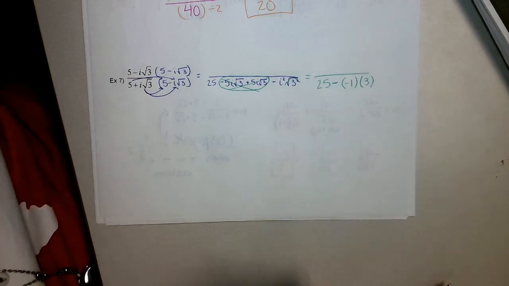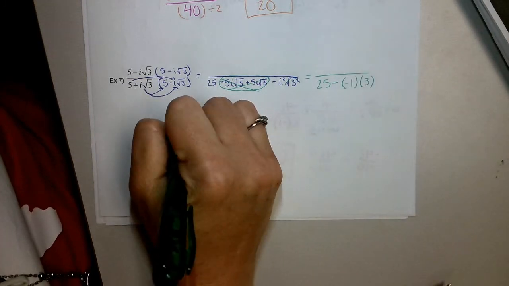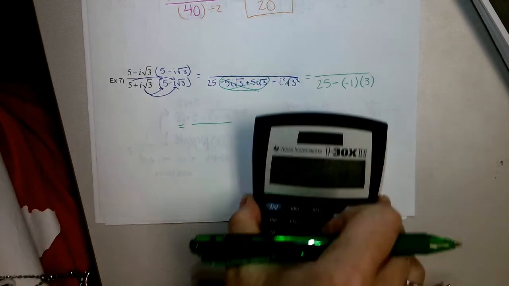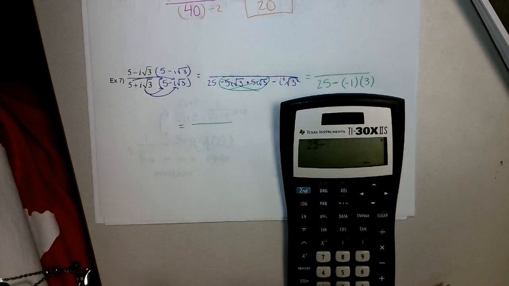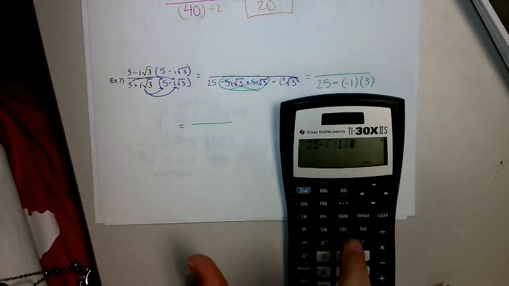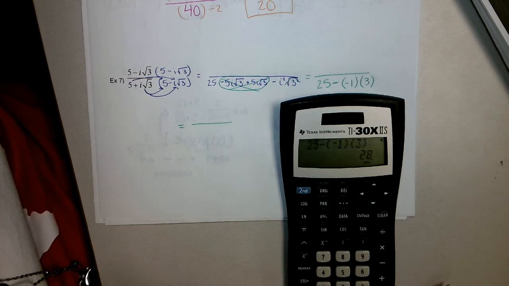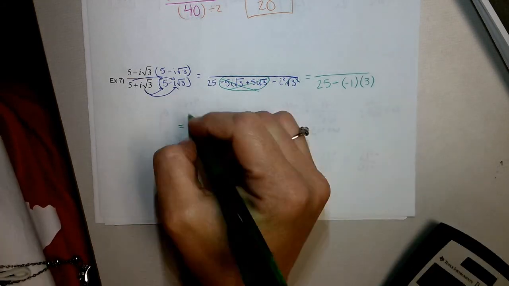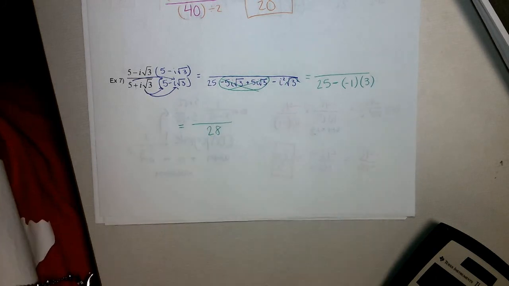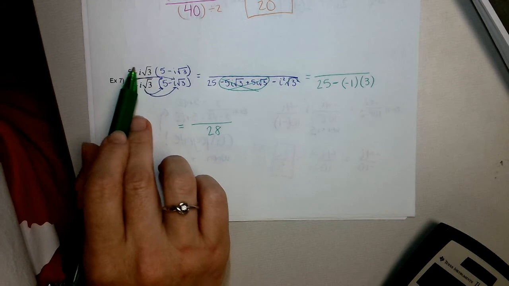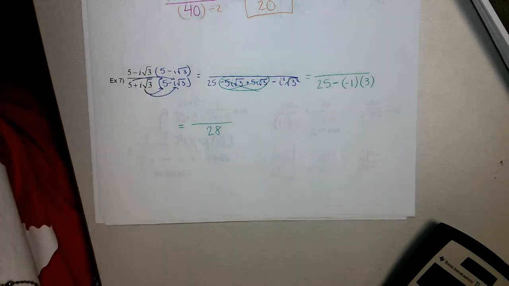Yes. Which equals, our calculator's our best friend, 25 minus negative 1 times 3, which is 28. Now 28 doesn't simplify with anything there, so we're going to go ahead and distribute the top as well.